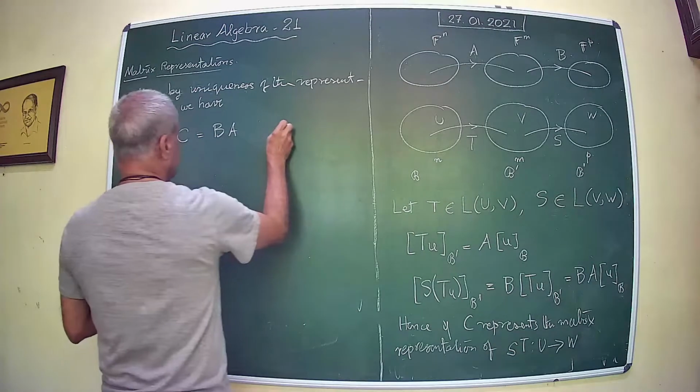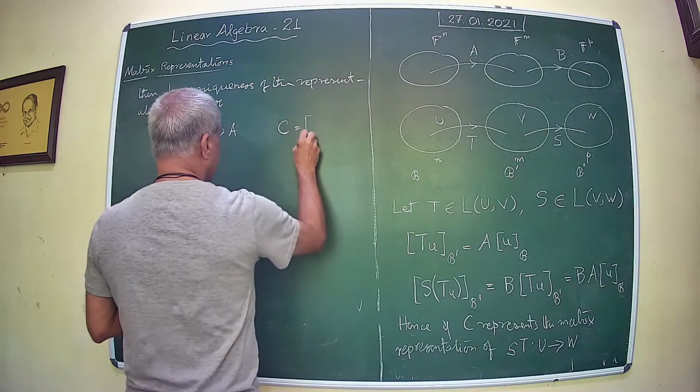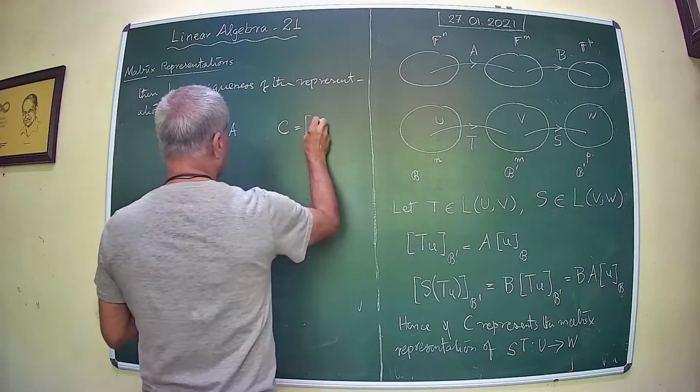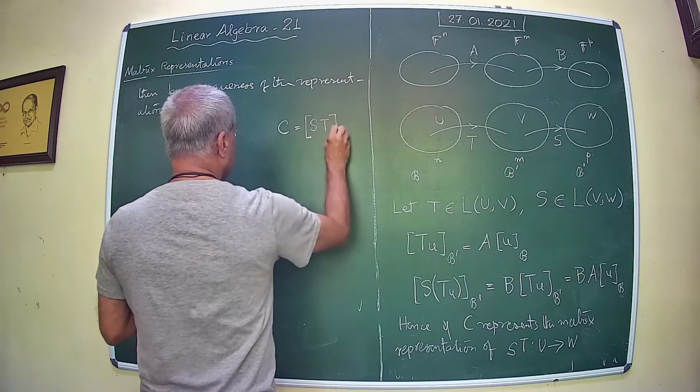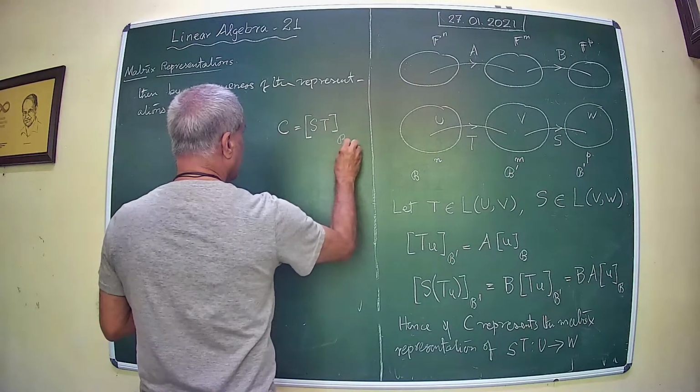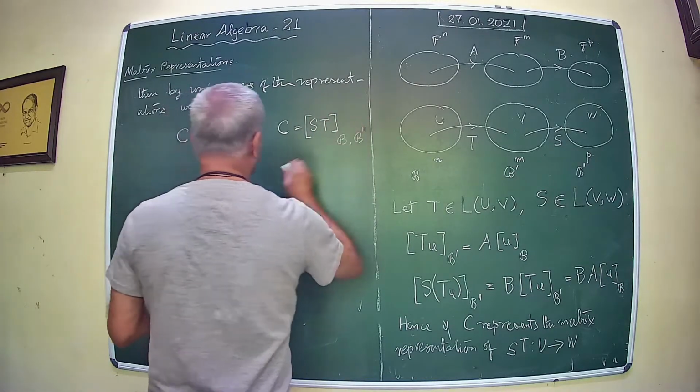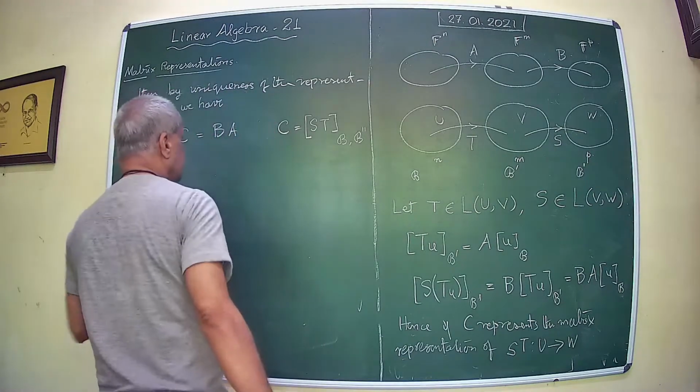That is, C is essentially the matrix with respect to B and B double prime. So this is the relation.